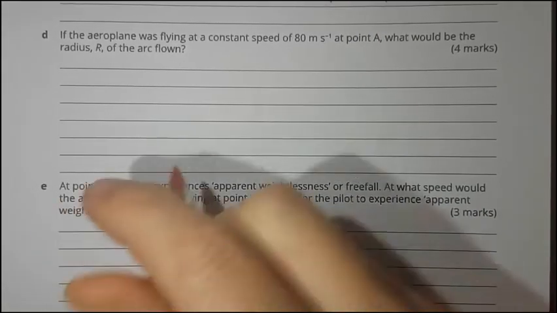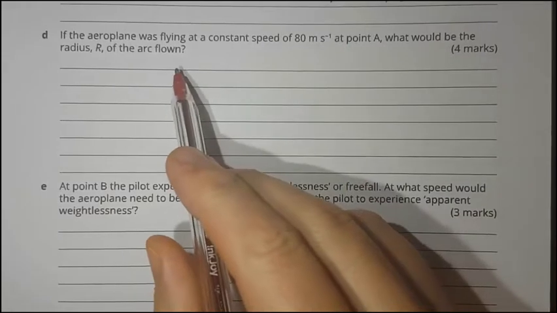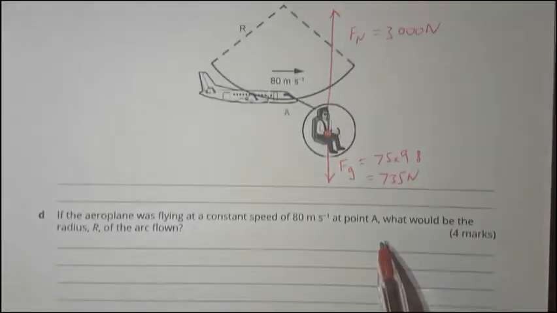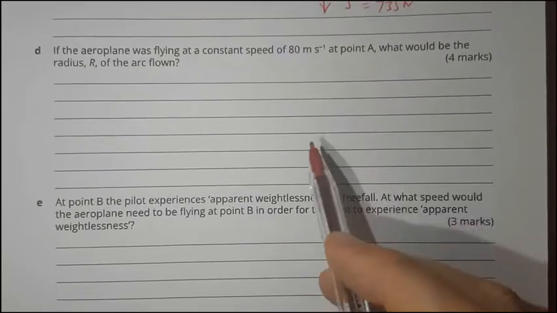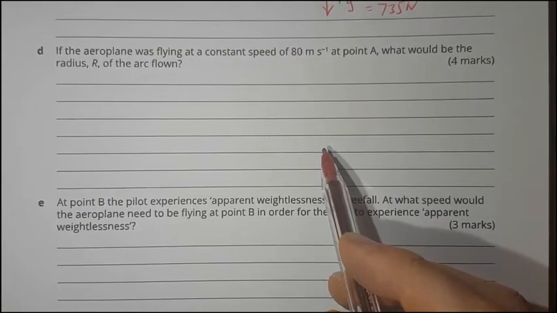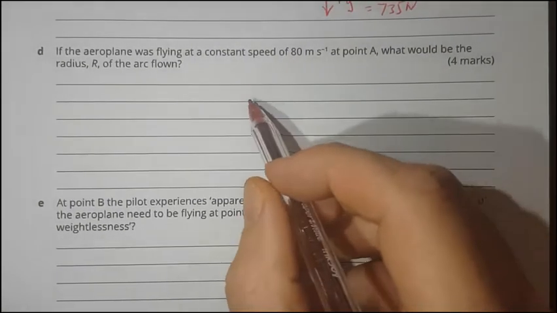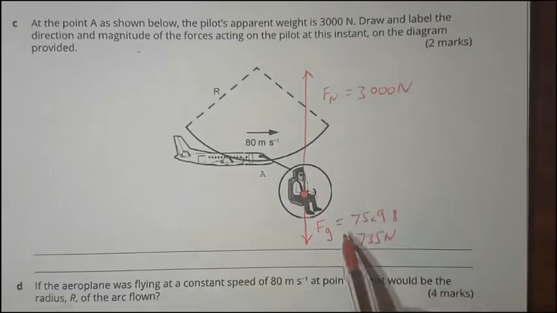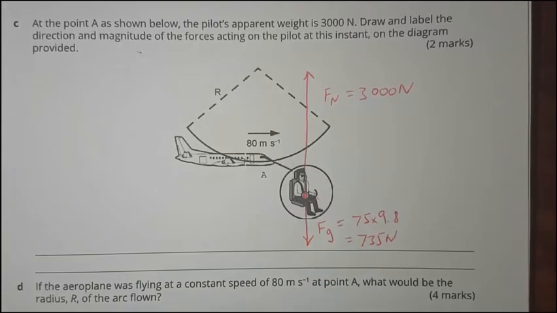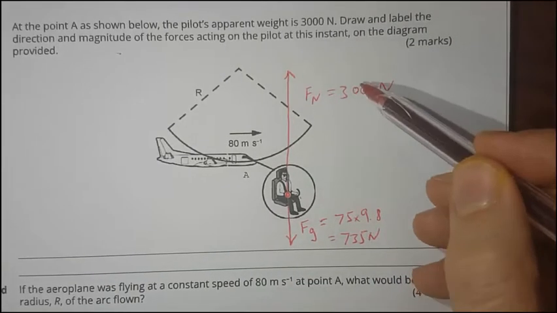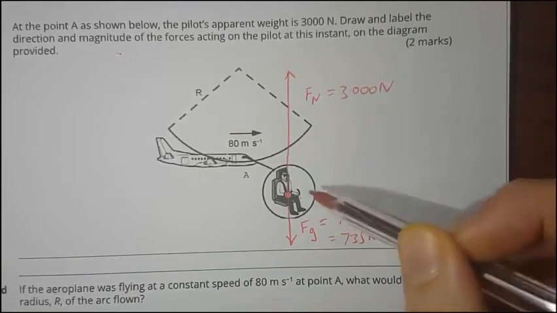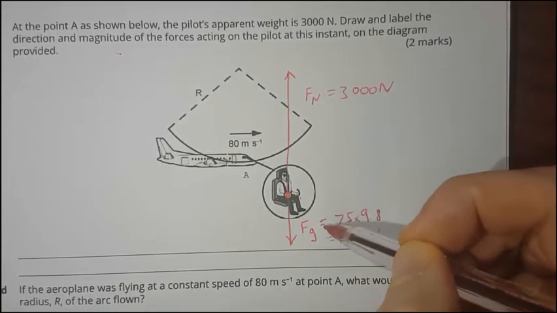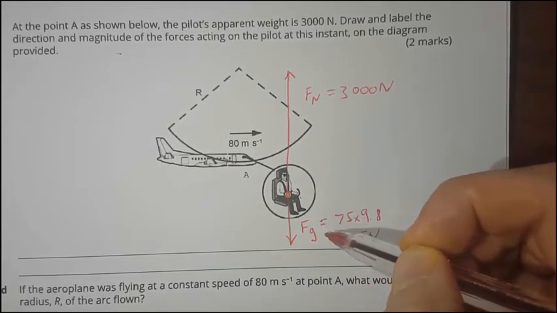Part D follows on from above, where it's saying, if the aeroplane is flying at a constant speed of 80 meters a second at point A, which is the point that I'm describing up here, what would be the radius of the arc flown? So the first thing you want to do here is figure out what the actual centripetal force is that's keeping this guy in a circle. You know that because it's telling you there are only two forces acting on it. So your centripetal force is just going to be your normal force subtract the gravitational force.